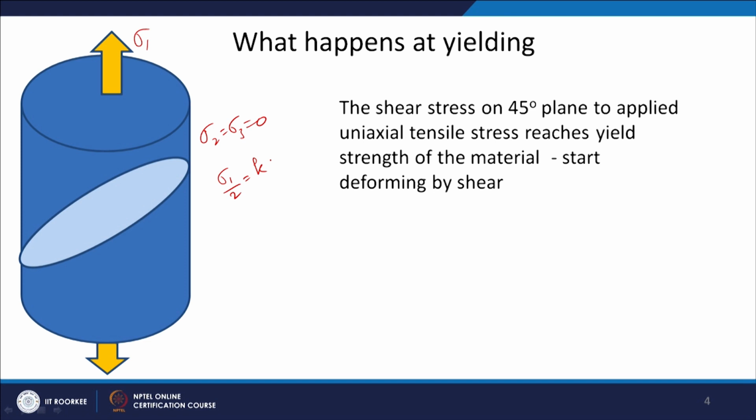We have also seen that this tau max acts at 45 degrees to sigma 1. So, if this is sigma 1, at 45 degrees to that my maximum shear is acting. When it reaches the yield strength of the material under shear, then basically this upper part will slide.